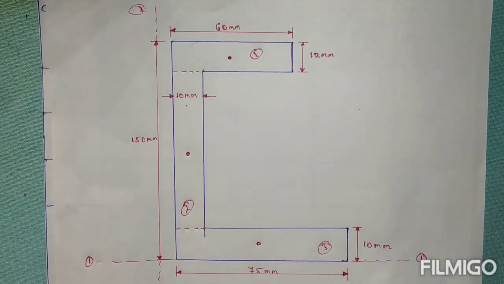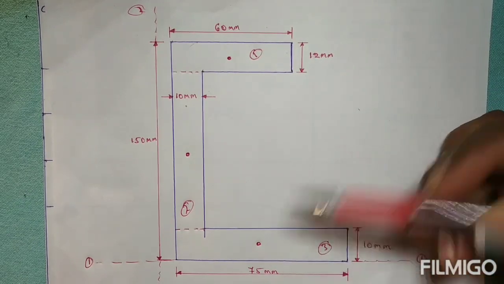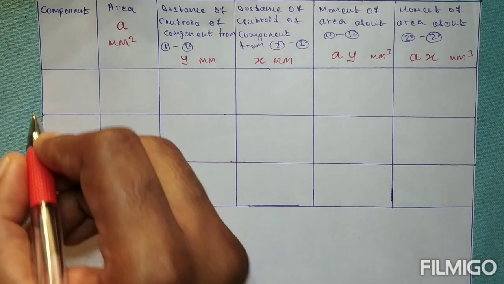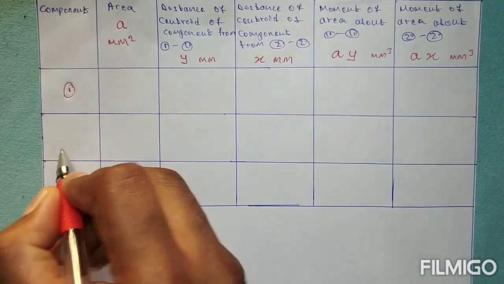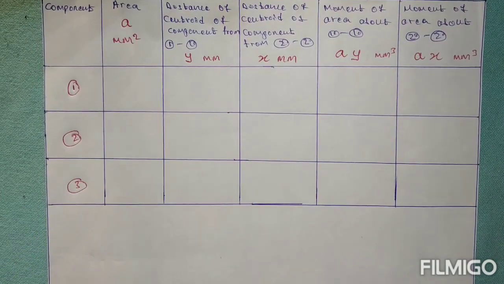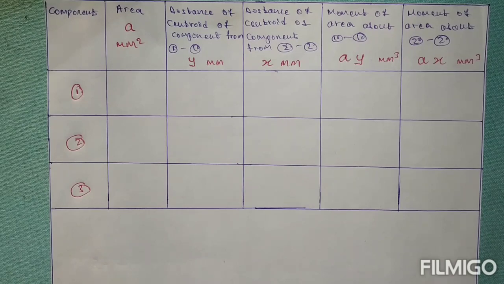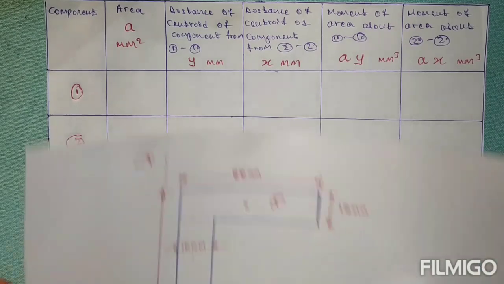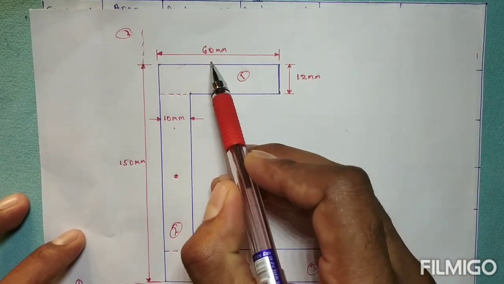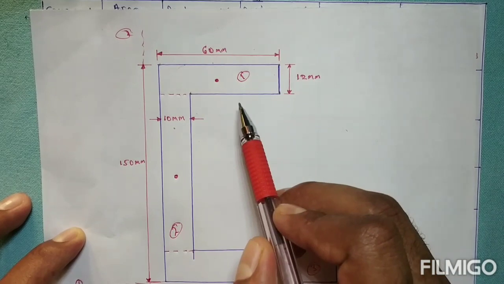Next, the component numbers 1, 2, 3 you have to mark in your tabular column. First component, second component, and third component. Next we need the second column, that will be the area. The area of the first component: the width is 60 and the depth is 12, so that is a rectangular section.